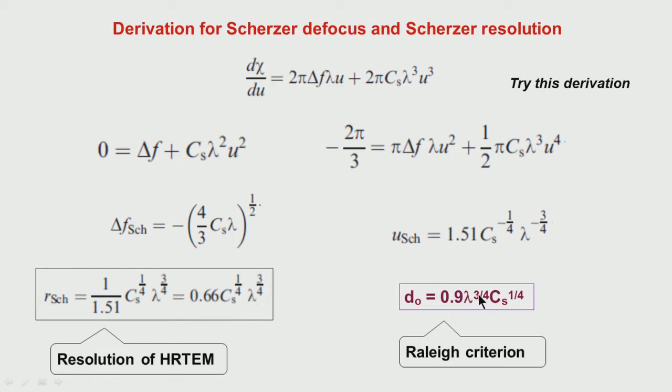This turns out to be 0.9 lambda to the power of 3 by 4 Cs to the power of 1 by 4. Here this turns out to be slightly better. So, for a lattice resolution, this is the term which decides what is going to be the resolution which can be achieved in a microscope.